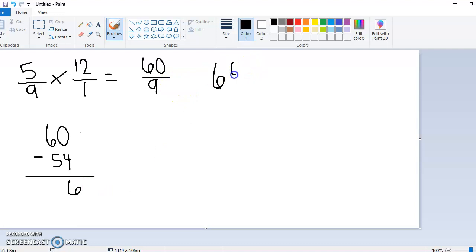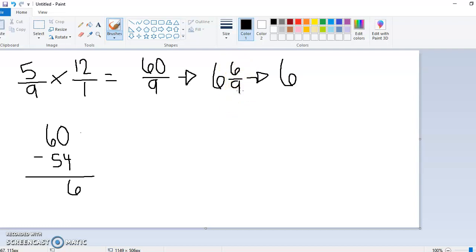So my answer now is 6 6/9, which technically is acceptable, but like I said, you always want to put your fraction into its simplest form. So my 6 for my wholes would stay. Okay, or sets of 9 rather. Okay, then I have 6/9 as the fractional part.